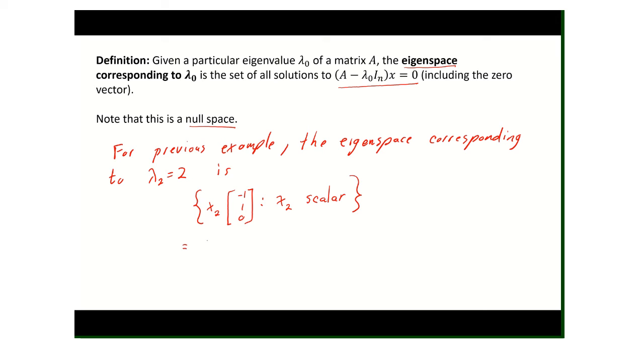Also equal to the span of my vector negative 1, 1, 0, using some of the other terminology and concepts that we saw earlier. So that is called an eigenspace. And what you have is that the set of eigenvectors is actually always an eigenspace, and that eigenspace is your null space for the equation that you build.